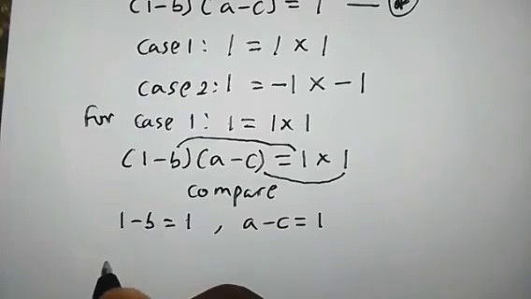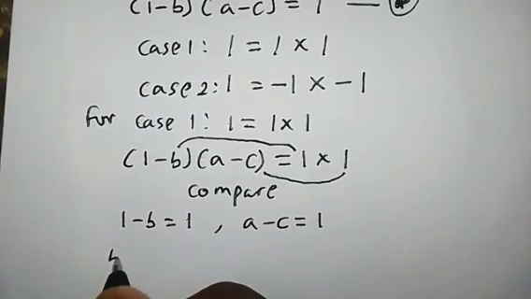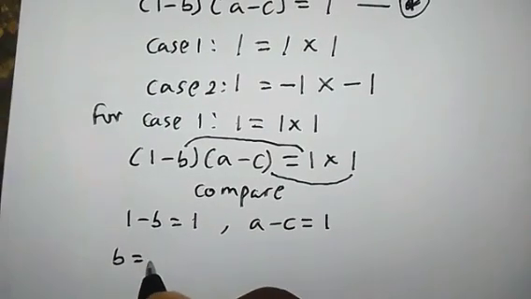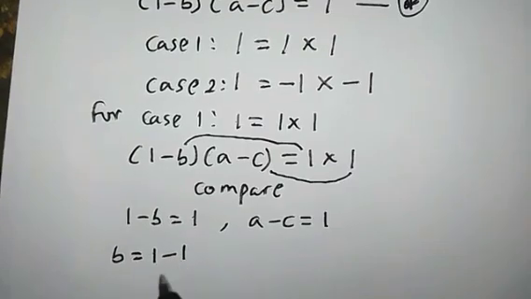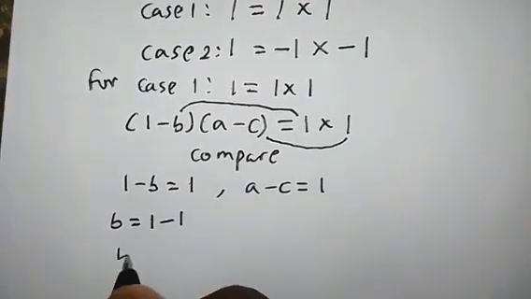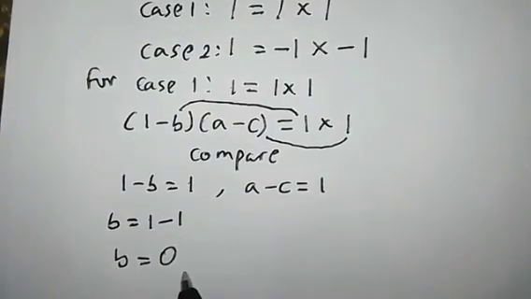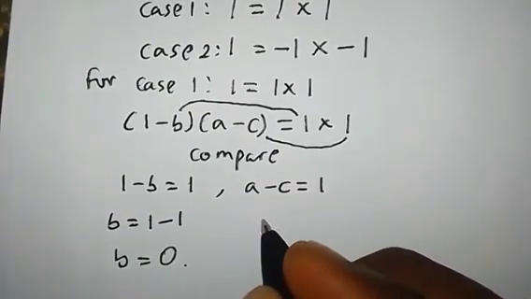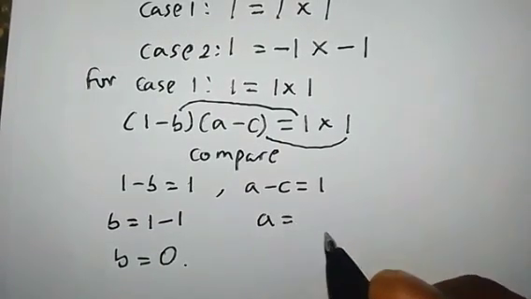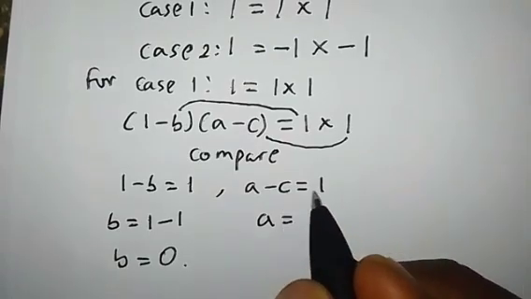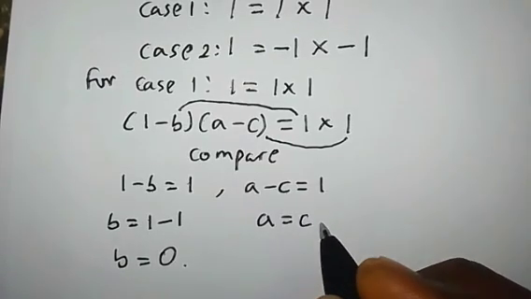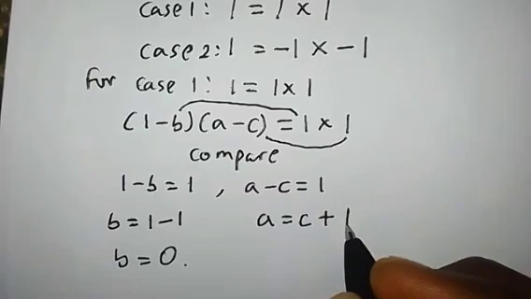From this line, it is obvious B is equal to 1 minus 1. B is equal to 0. Take note of this value of B. From this line, A is equal to, when we move minus C to the right hand side, C plus 1.